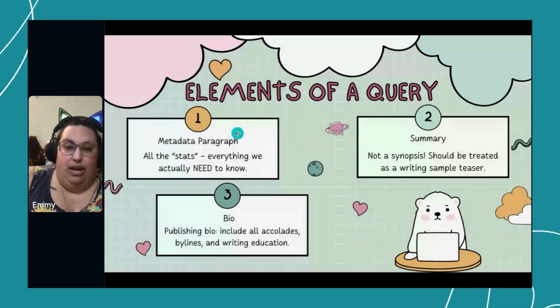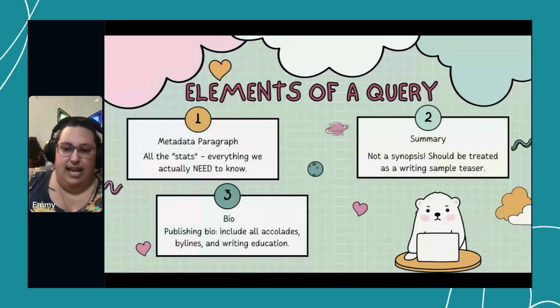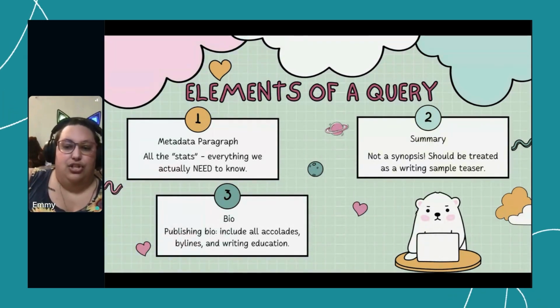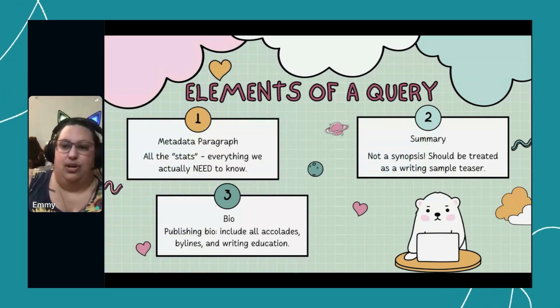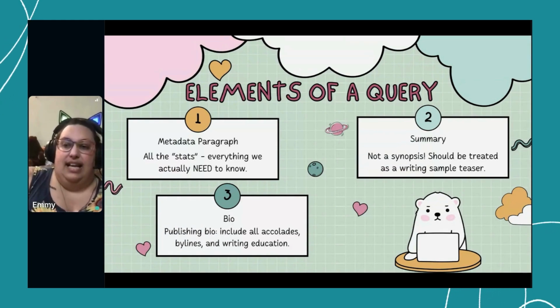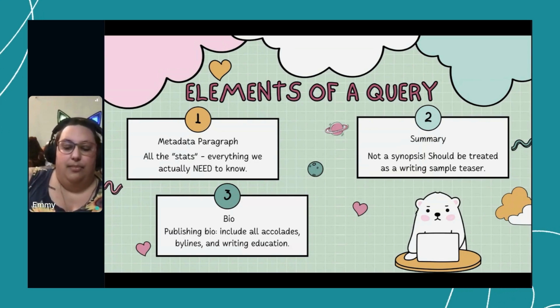So it should really be one paragraph. It should include everything that we actually need to know about your book. Part of the reason we put it right at the top is that a lot of agents don't get their queries directly in their own email inboxes or in a central database where they can evaluate them on their own time.